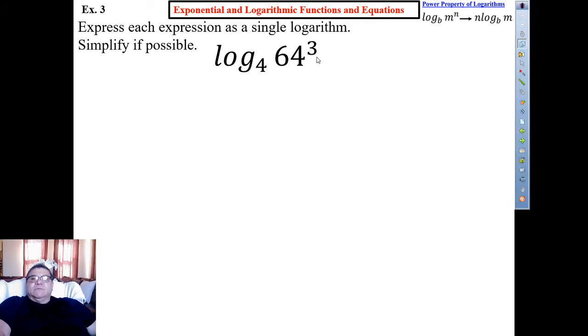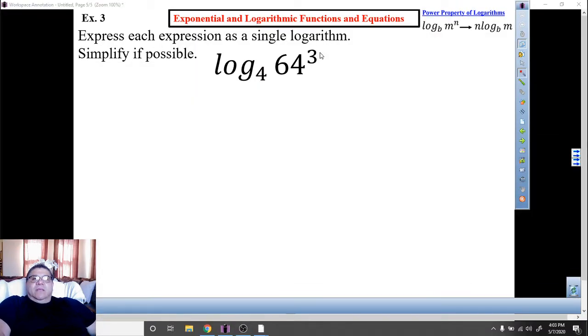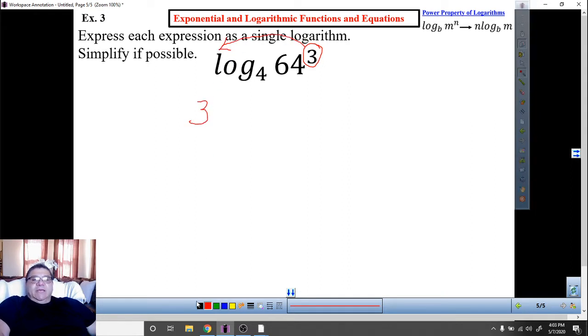So I'm going to move this to the front, so this becomes 3 times what? Log 4 of 64, and that's it.